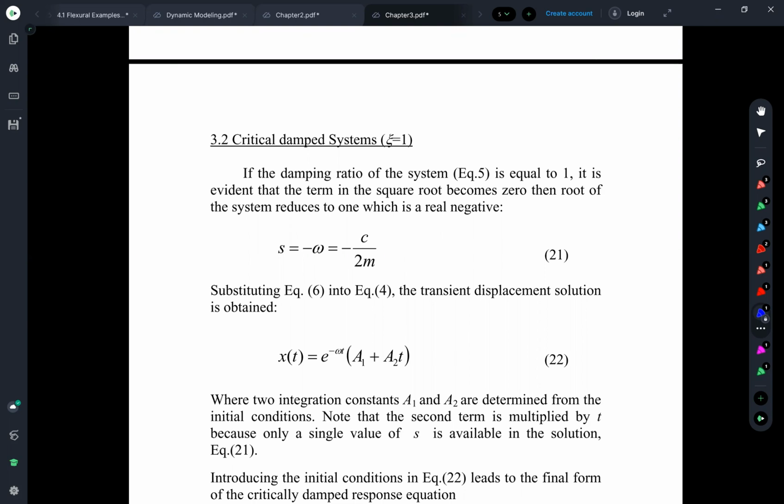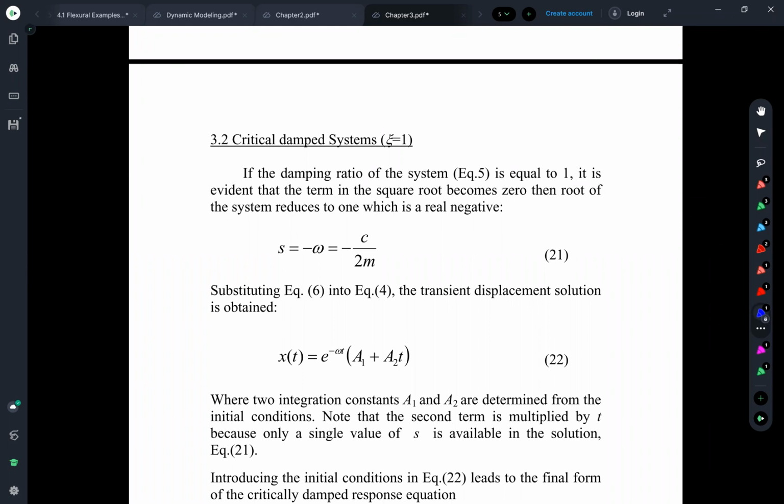Okay. This one is a kind of mathematics stuff in which actually we should have S1 and S2. Remember, this is a second order differential equation.